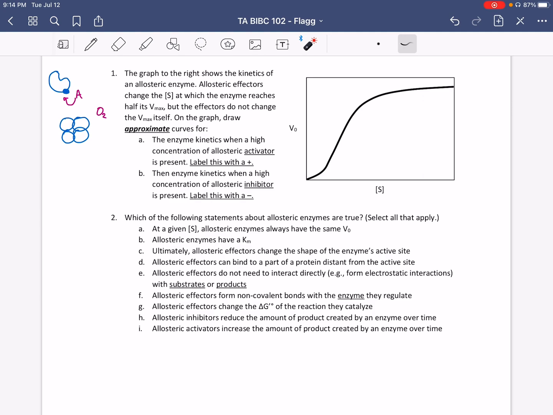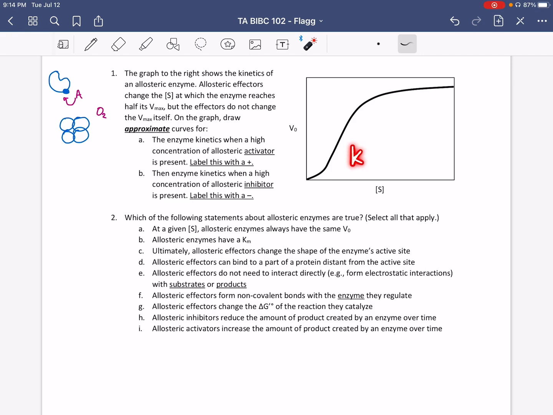So it asks us that we know that allosteric effectors will change the concentration of substrate at which the enzyme reaches its half Vmax. So basically it's telling us that for enzymes that display allostery due to allosteric effectors or molecules, these enzymes will not have a Km, meaning that they will not have a constant concentration of substrate that will always show us how the allosteric enzyme behaves.